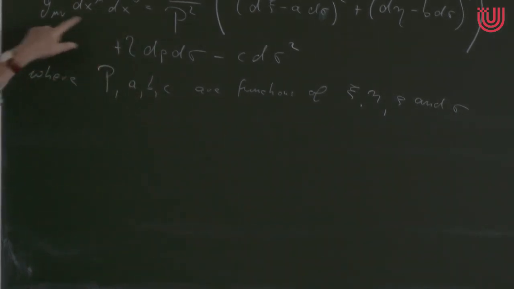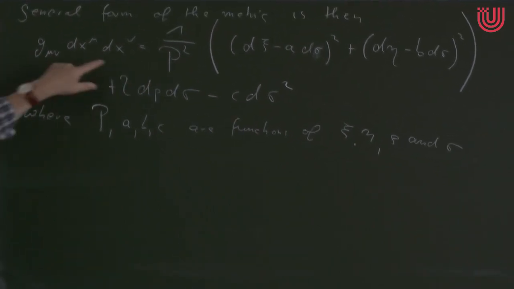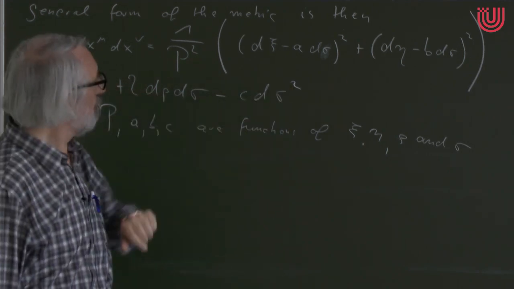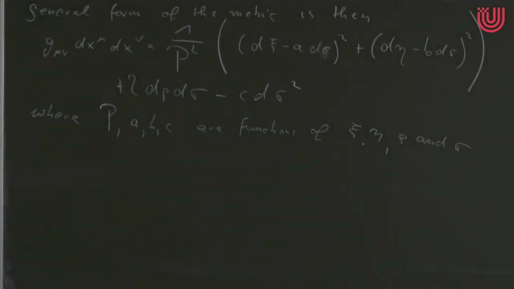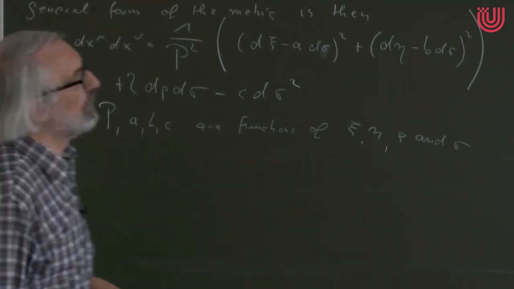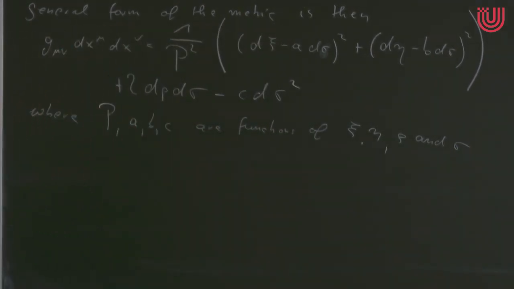If this is a second rank tensor field and you put the vector field d by d rho in both slots, then you get 0, because you don't have a d rho squared. So this tells you that the vector field d by d rho is light-like. And these are the generators of our hypersurfaces.